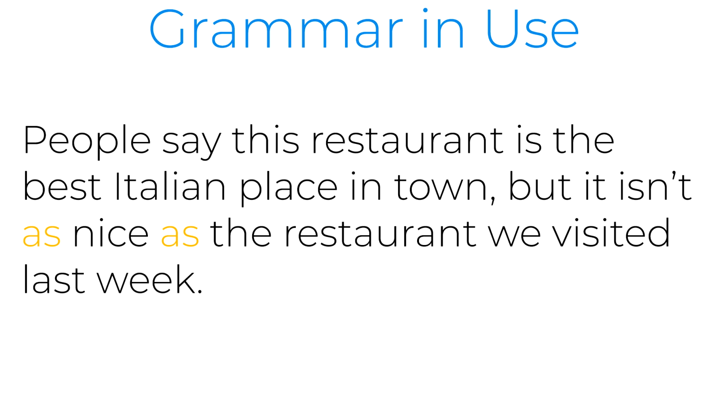Most people are saying that this Italian restaurant is fantastic, it's excellent. But this person doesn't think so. She thinks that the Italian restaurant they visited last week, the other one, is better.